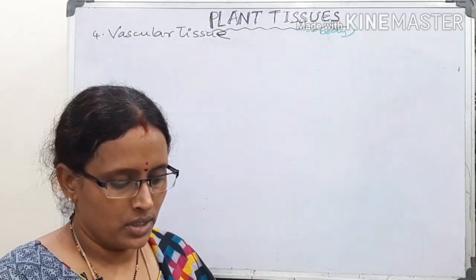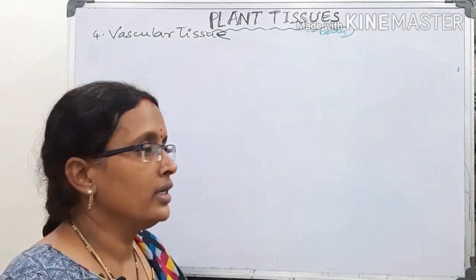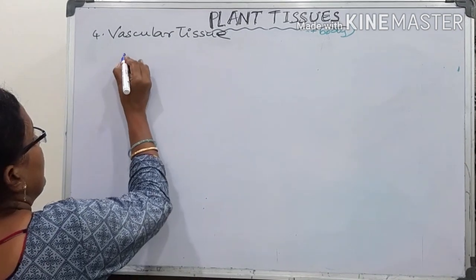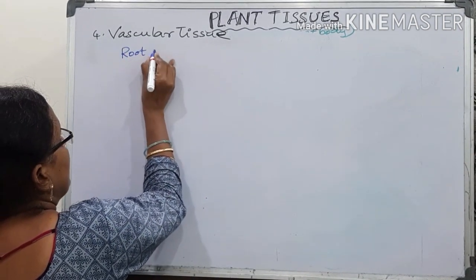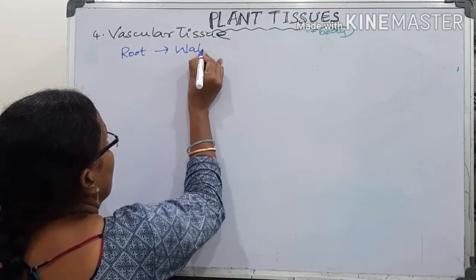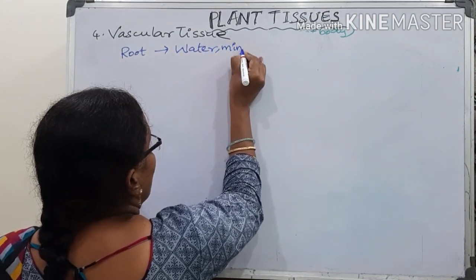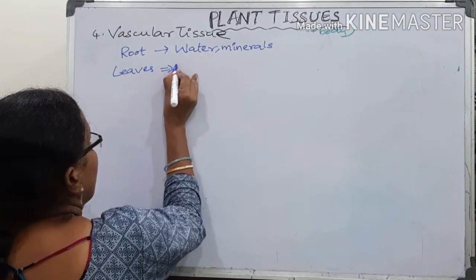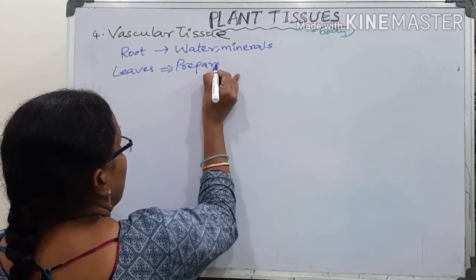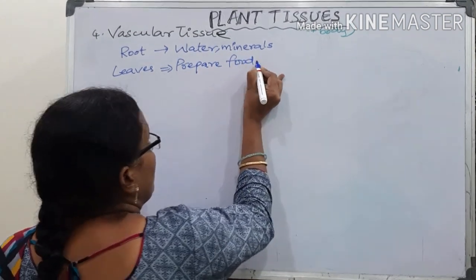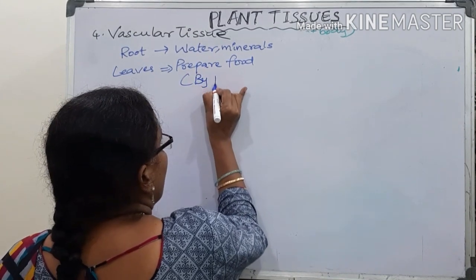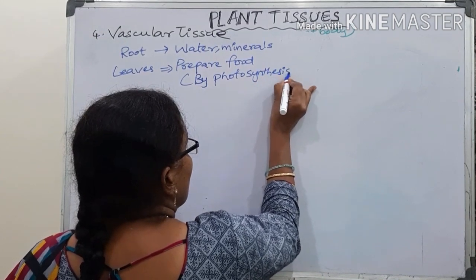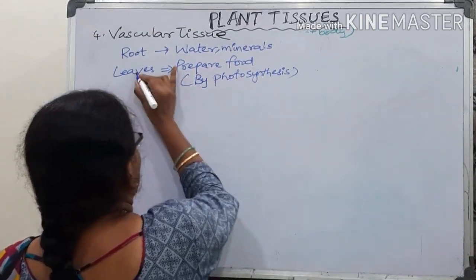They are autotrophs. For that purpose, the plant absorbs water and minerals from the root, and the leaves prepare the food materials by the process of photosynthesis.